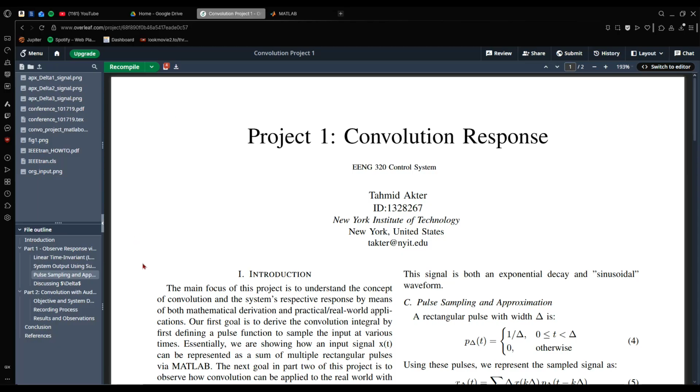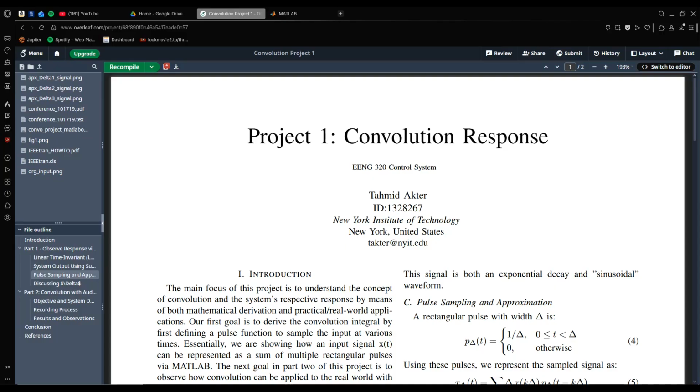Going right into it, as the title says, the main focus of this project is to understand the concept of convolution and the systems by mathematical derivation as well as real-world application.